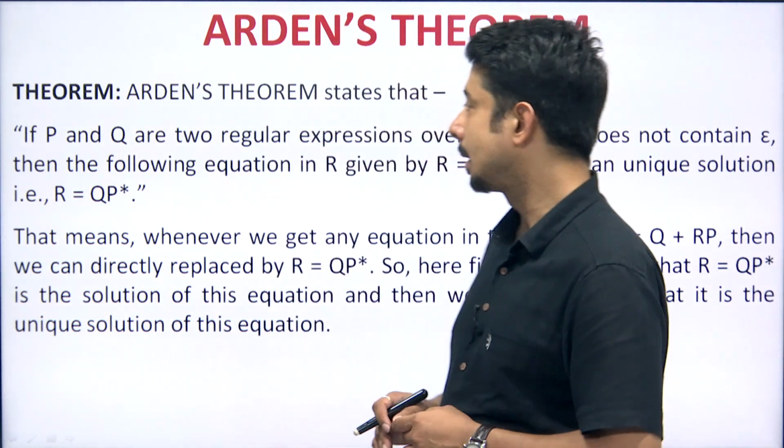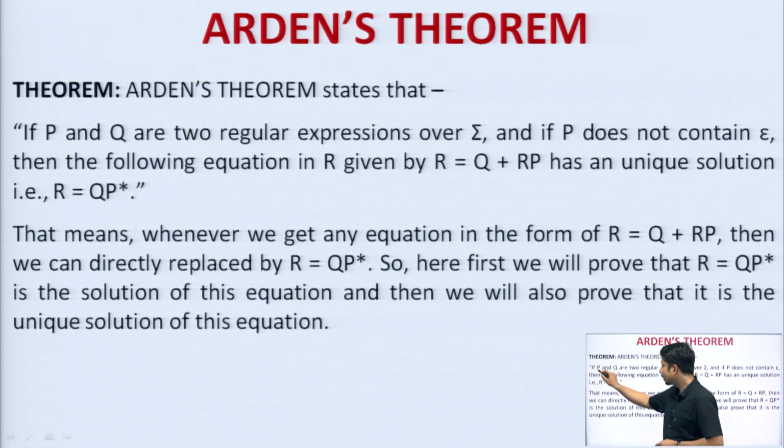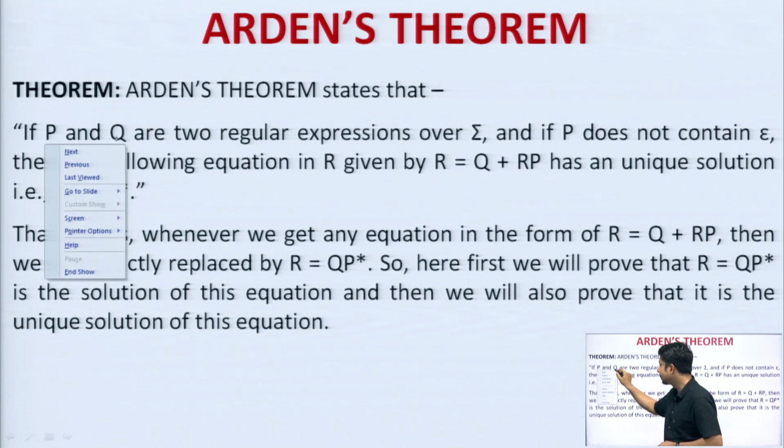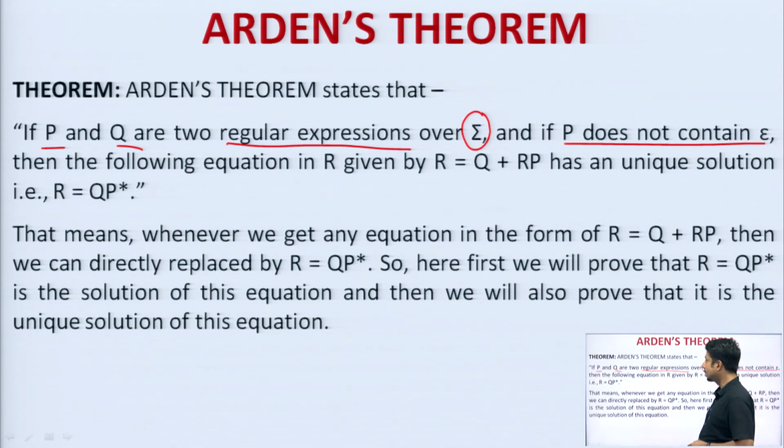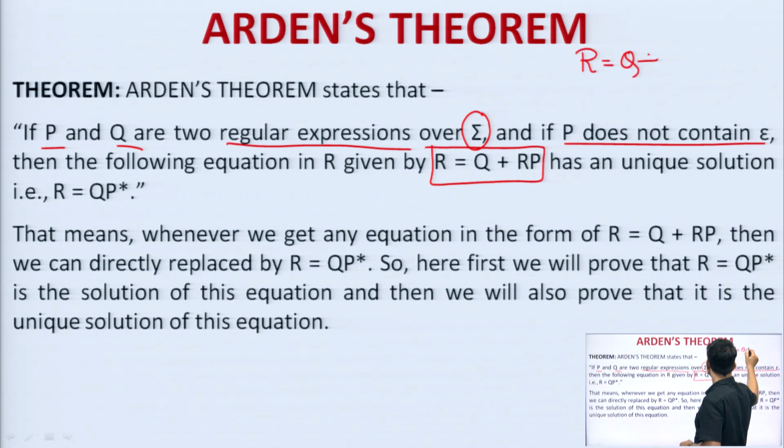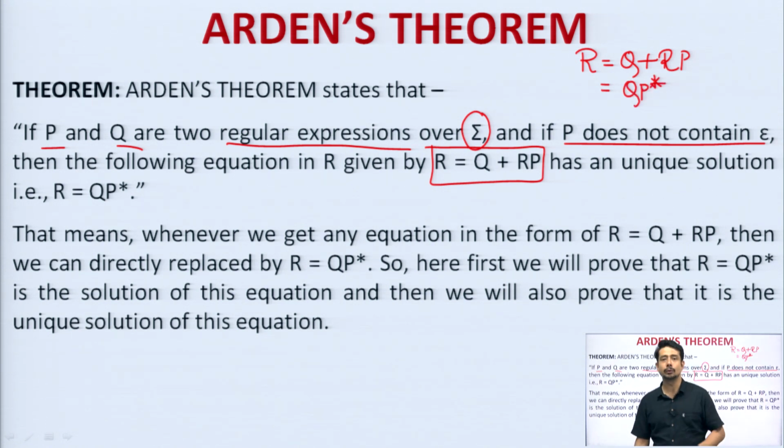ARDEN'S theorem says that if P and Q are two regular expressions over any input alphabet, and if P does not contain epsilon, then the equation R = Q + RP has a unique solution, and this Q + RP can be replaced by QP star. This also falls in some of the basic identities of regular expressions.